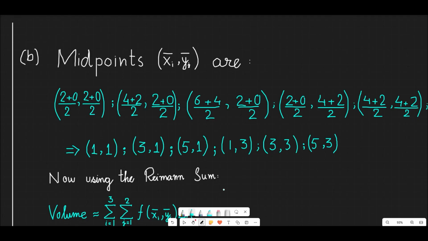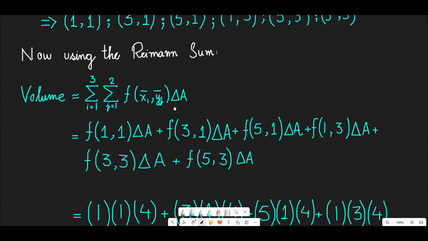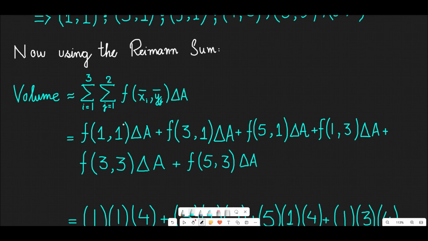Now we can easily calculate the Riemann sum using these midpoints and our delta A. Look at the formula. As in the last question, we substitute all of these midpoints into the function f(x, y) = xy.